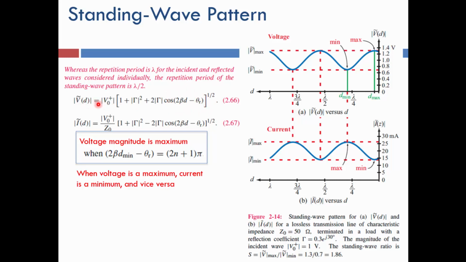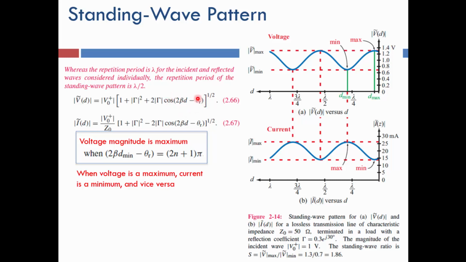So the magnitude will be the magnitude of the traveling voltage multiplied by 1 plus the square of the reflection coefficient minus 2 times the magnitude of the reflection coefficient. So this minus will occur if this cosine is minus 1, where this is the minimum. The maximum will occur if this cosine is equal to 1.